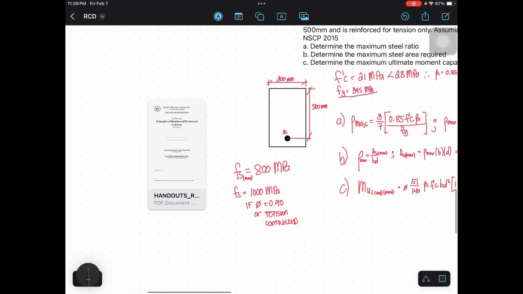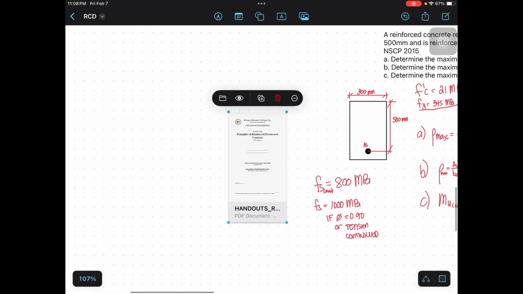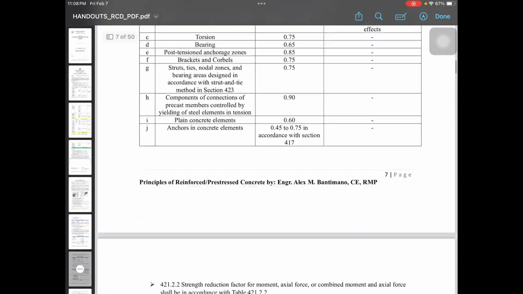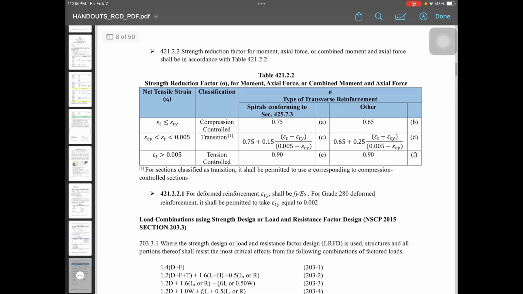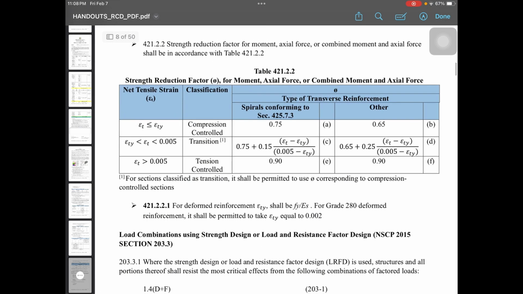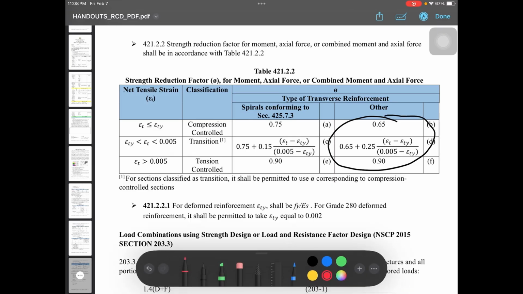So, if we look at our handouts, under Table 421.2.2 of the NSCP 2015, this is the classification and types of reinforcements, spiral and other conditions. So we are under others, so we are in the transition zone.